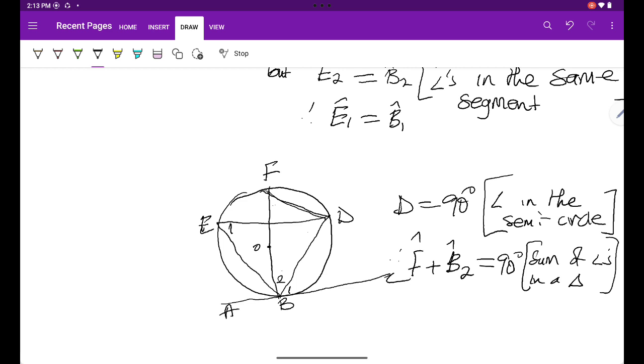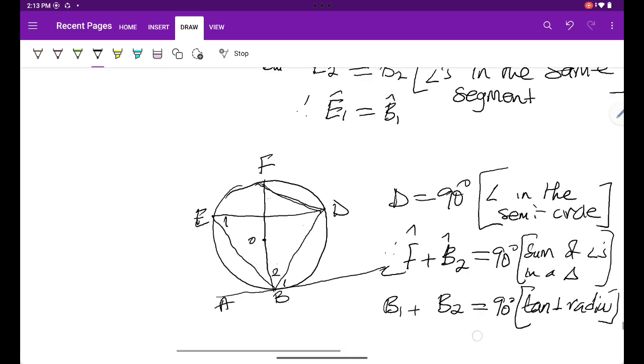Right. So now again we come to that statement that B1 plus B2 is also 90 degrees. A tangent is perpendicular to the radius, or if you want you can say diameter.